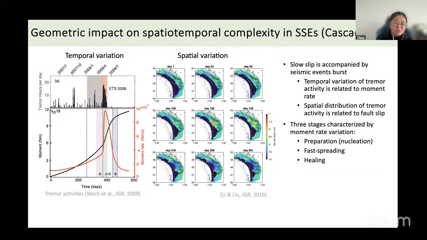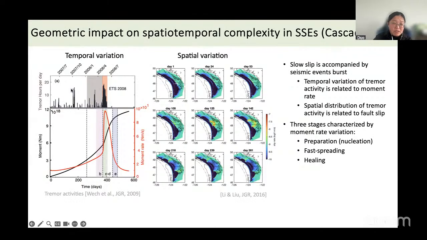So it doesn't have a clear P wave or S wave arrival and the magnitude cannot really be measured, but we can count the total number of tremors, and tremor activity per hour or per day is representative of how active the tremor is.